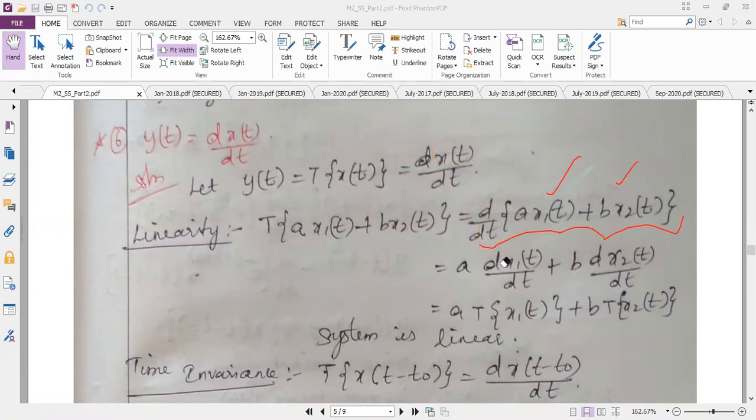When you expand it, you will have scaling factor a outside, and d of x1 of t plus b into d of x2 of t. You know how to write d of x1 of t by dt, because it is equal to t of x of t. Since here you have subscript 1, this is a into t x1 of t plus b into t x2 of t. So if you see, the left hand side and right hand side follow the linearity concept, so the system is linear.